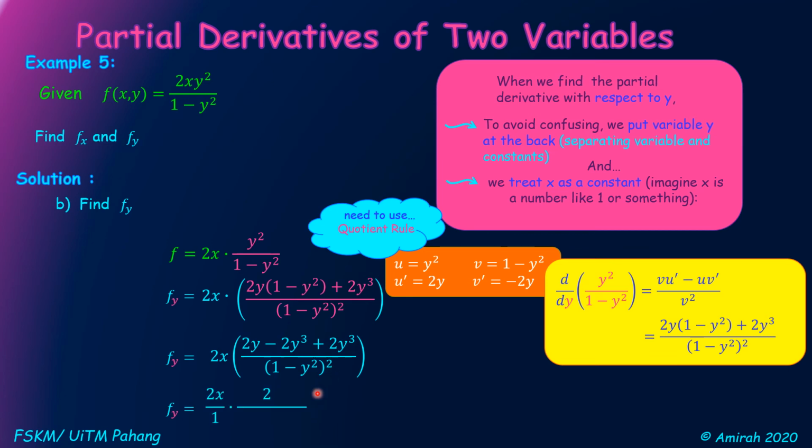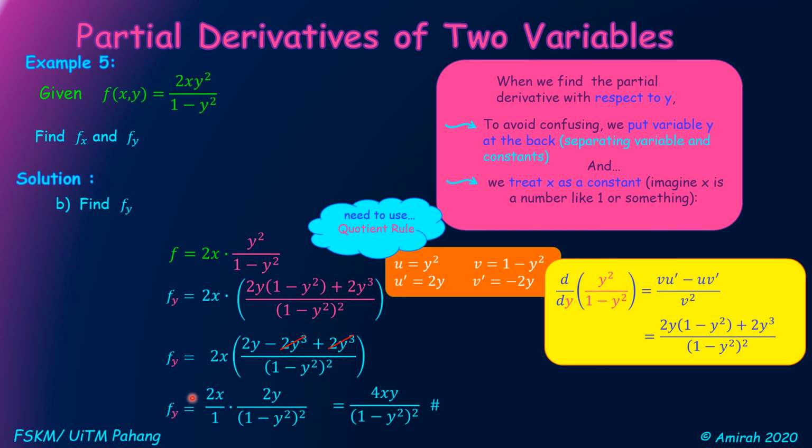After we simplify, we get 2x over 1 times 2y over 1 minus y squared in brackets squared. So after we simplify, we get 4xy over 1 minus y squared in brackets squared. So this is the final answer when we find the partial derivative with respect to y.